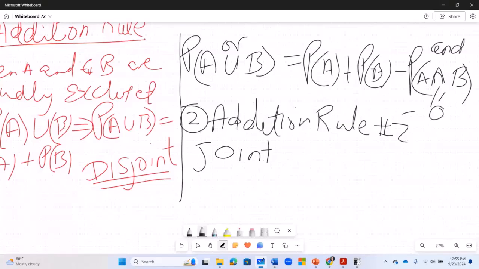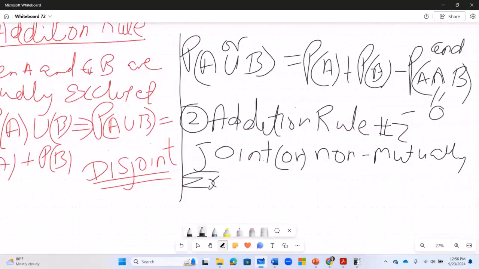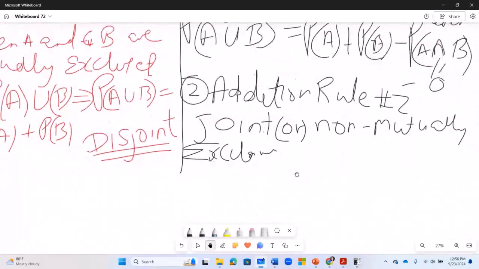If 2 events are joint or non-mutually exclusive, then we can say that the 2 events obey addition rule number 2.